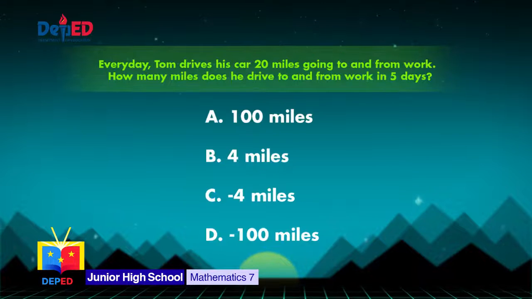Every day, Tom drives his car 20 miles going to and from work. How many miles does he drive to and from work in 5 days? Letter A, 100 miles. Letter B, 4 miles. Letter C, negative 4 miles. And letter D, negative 100 miles.